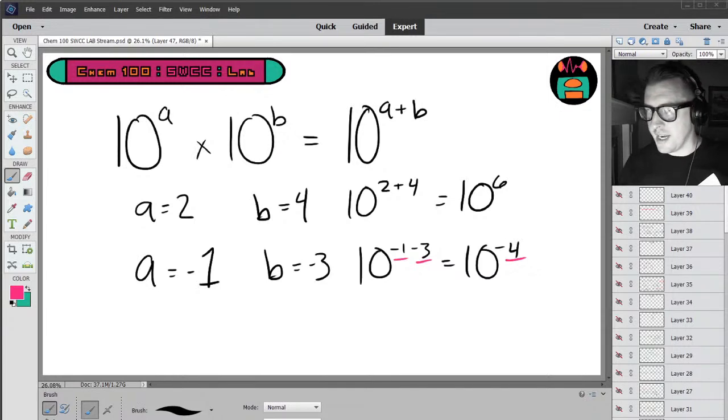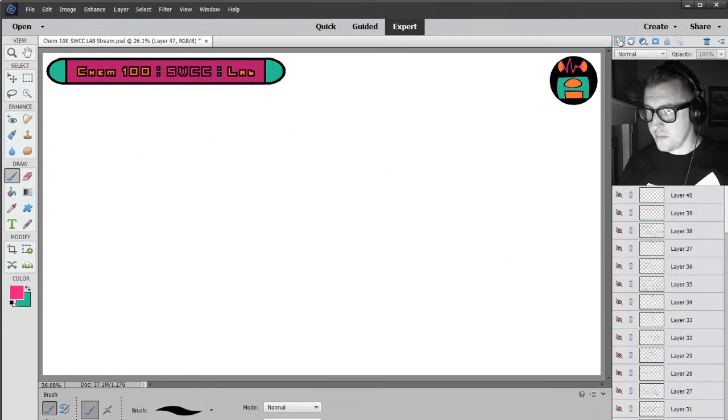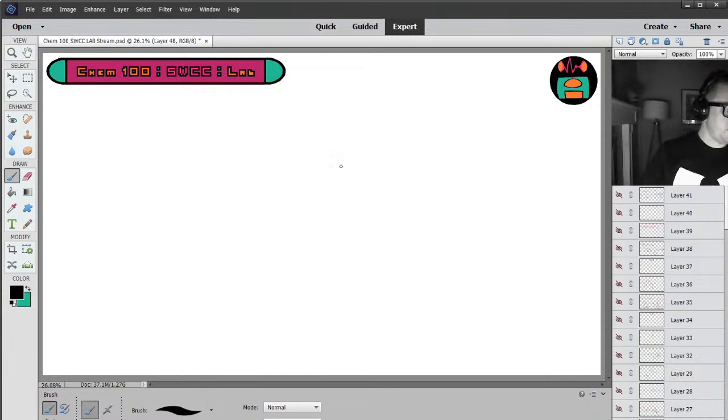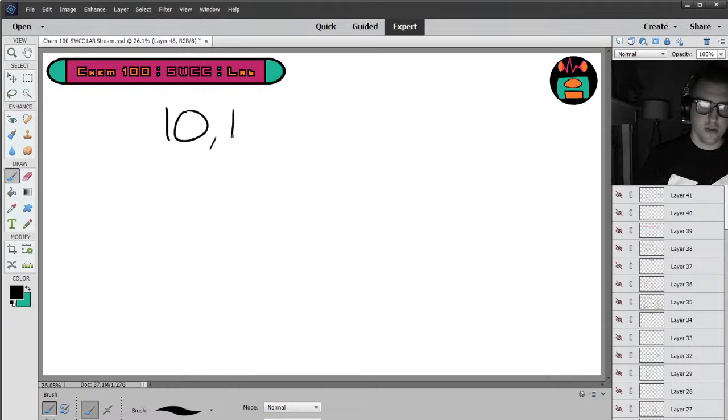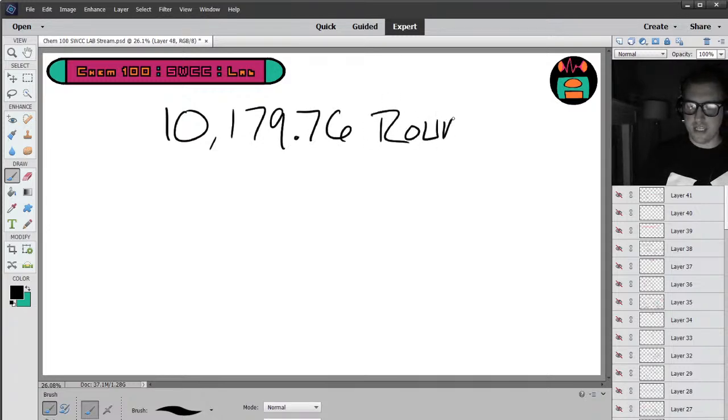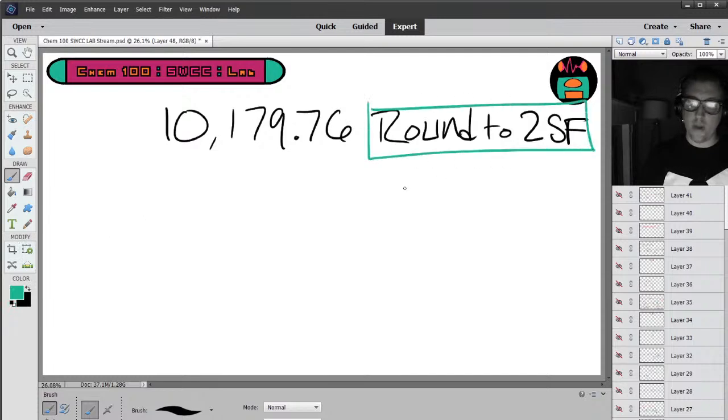Okay, so real quick, a question porting over from Discord. If you have a number like 10,179.76, how do you round this to 2 sig figs? Well, you have to count off the first 2 spaces, right? So 1, 2.